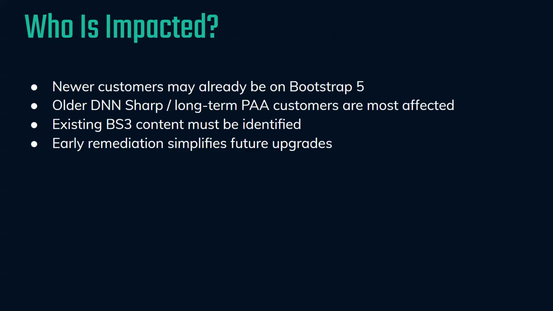But if you came from our previous modules that were released under the DNN Sharp label, so if you bought Action Form or Action Grid or Tabs Pro, or if you've been on Plant an App for a long time, anything before version 1.18, I believe, of Plant an App was guaranteed to be Bootstrap 3. That was the primary format that we supported. So this might affect you or might not, depending on how long you've been with Plant an App.